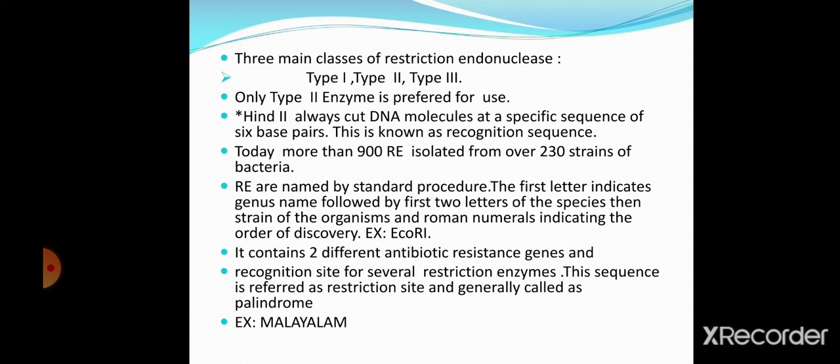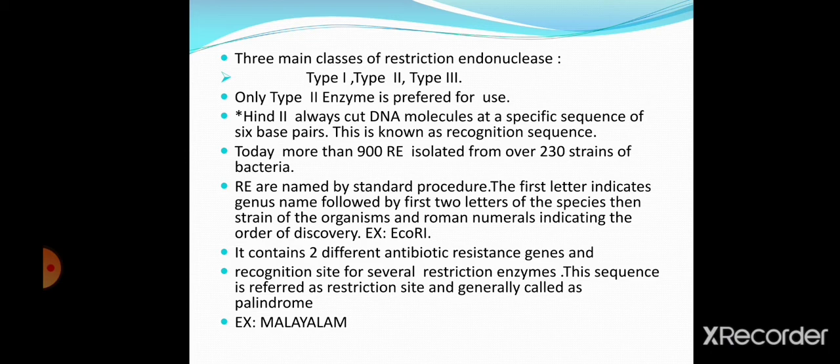These restriction endonucleases are named by a standard procedure. Take EcoRI, for example. The first letter indicates the name of the genus, followed by two letters, CO, which indicate the species. The next letter, R, represents the strain of the organism.